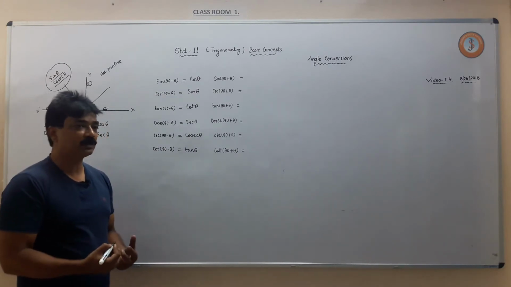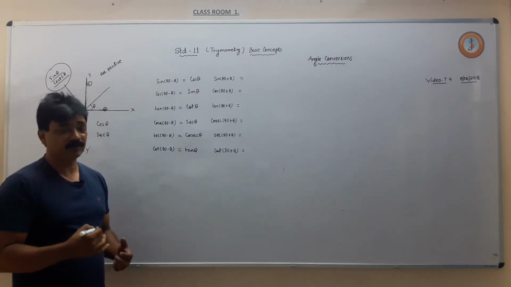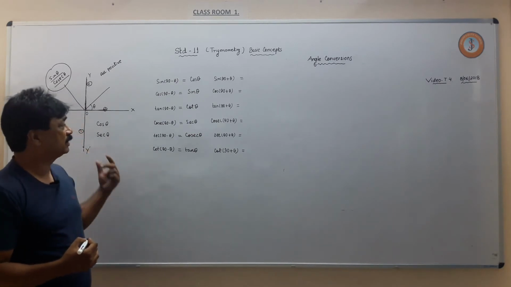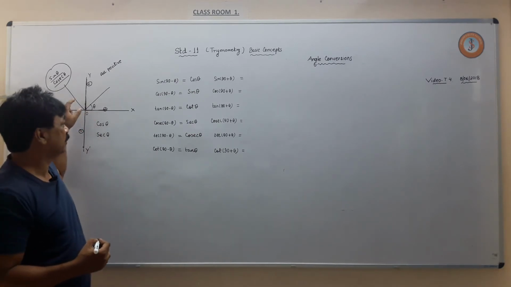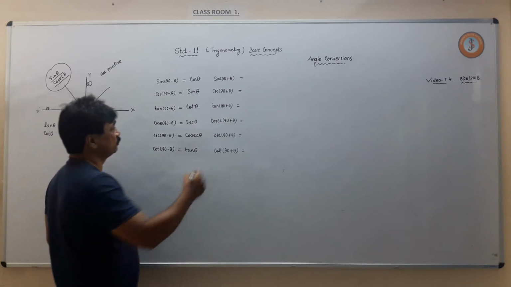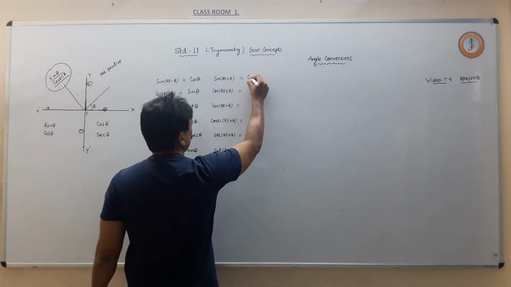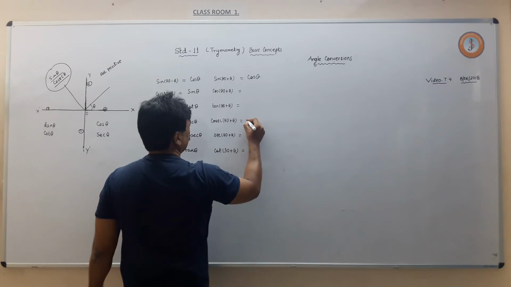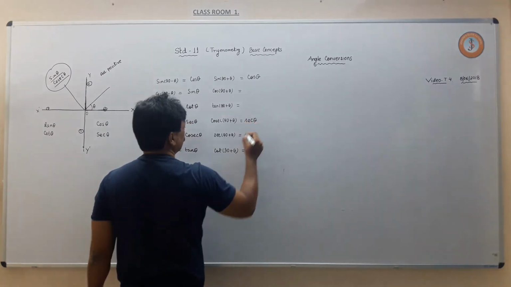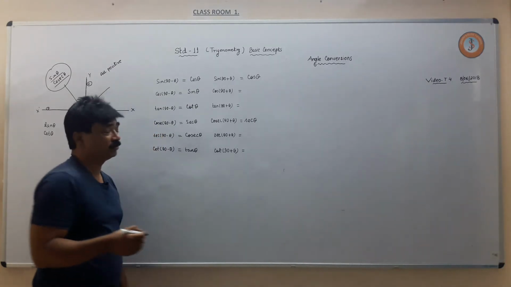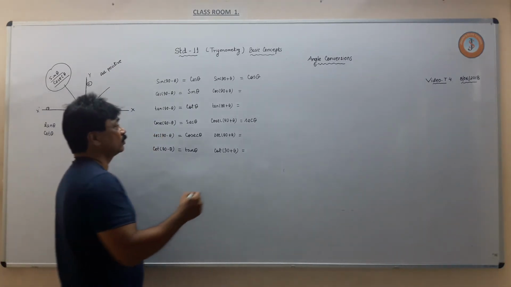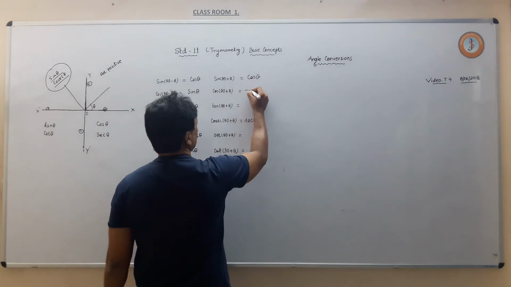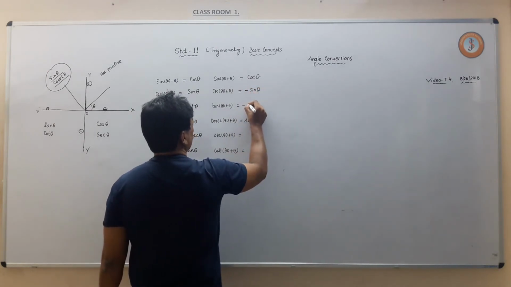And if we are moving to the second quadrant, the result of sine will be positive. So it will be cos theta. It will be sec theta. Because the results of sine and cosec will always be positive, but all the rest will change into their complementary reciprocals.